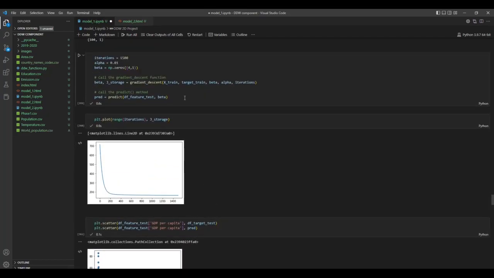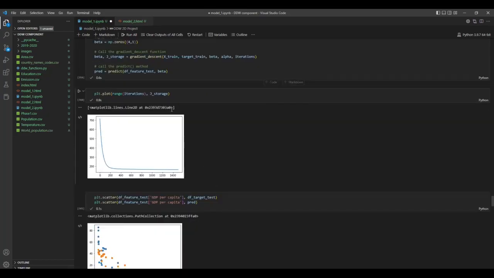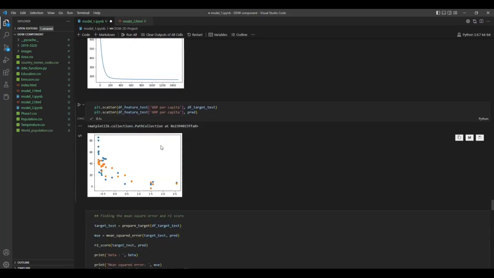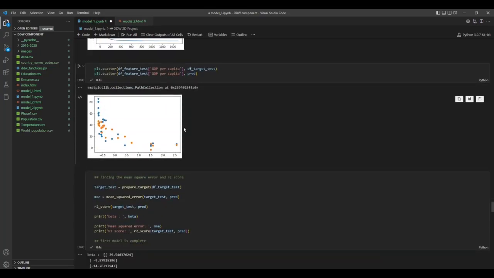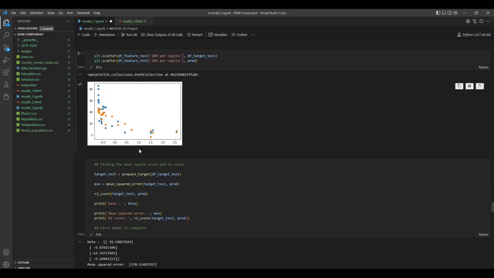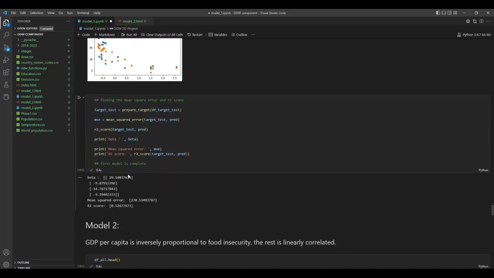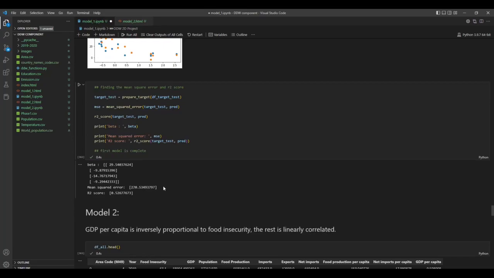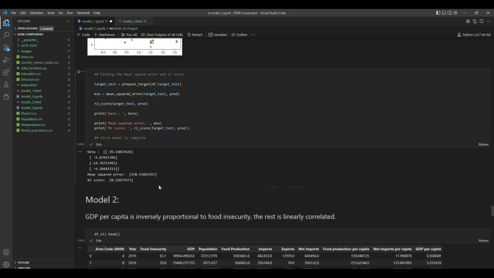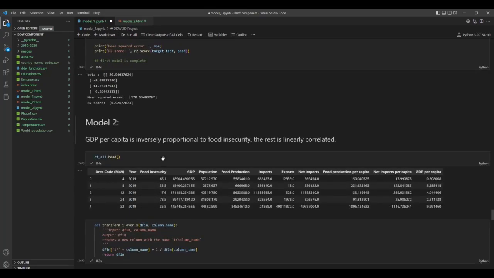Then afterwards, we trained our model on the training set and we tested our model on the test set. This is a plot of our actual values against our predicted values. For the first model, our beta is like this. Mean squared error is 270.5. R squared is 0.526.